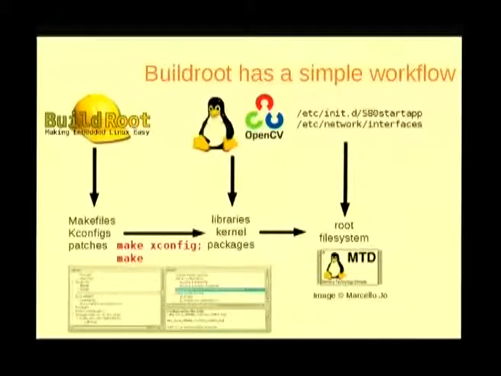So the building consists of downloading those packages, compiling them, and installing them into a target's file system. And you end up with a root file system, which is suitable for flashing directly to your flash, a kernel, a bootloader image, all the different components that you need.